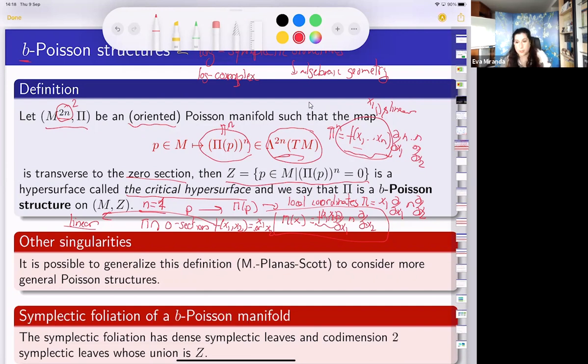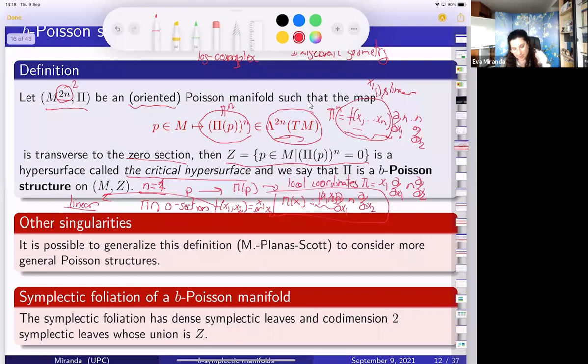Today, I just want to consider the case in which I have a singularity of order m. So locally, in dimension 2, it looks like this. And these are called b^m symplectic or b^m Poisson manifolds.